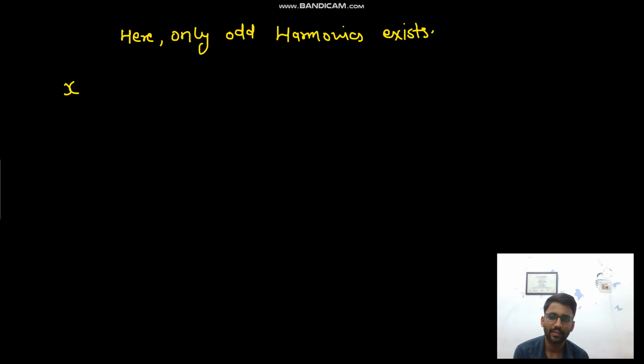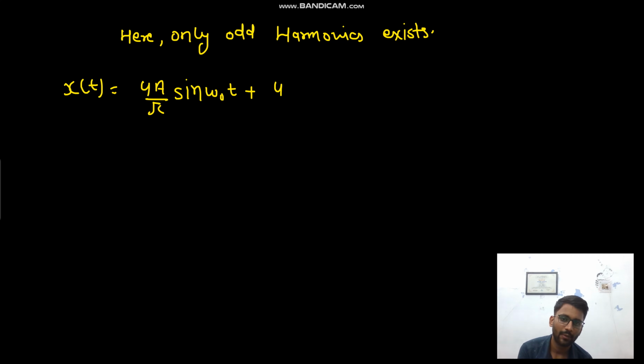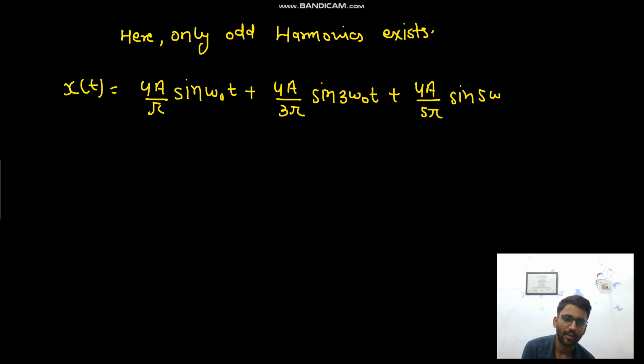So your x(t) can be written in this form: 4A by pi sin(omega naught t) plus 4A by 3 pi sin(3 omega naught t) plus 4A by 5 pi sin(5 omega naught t), and so on.